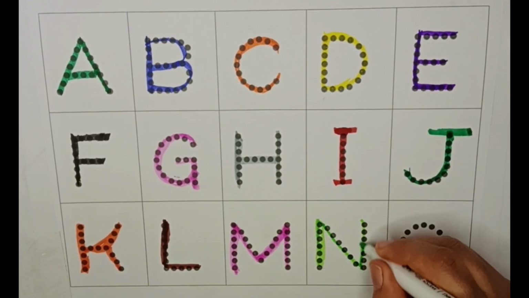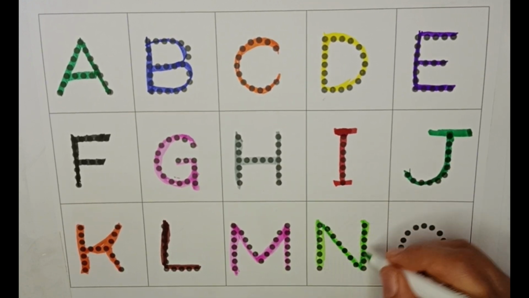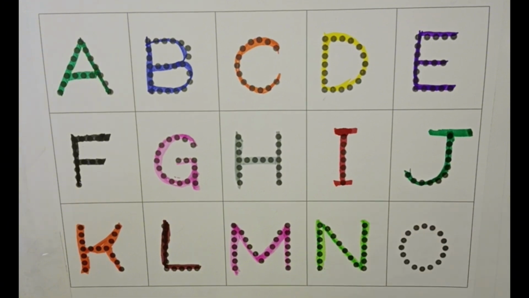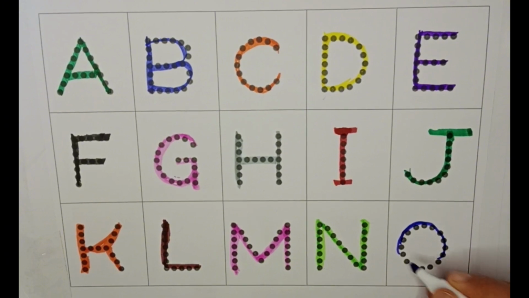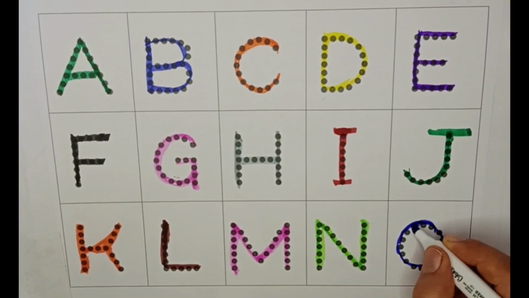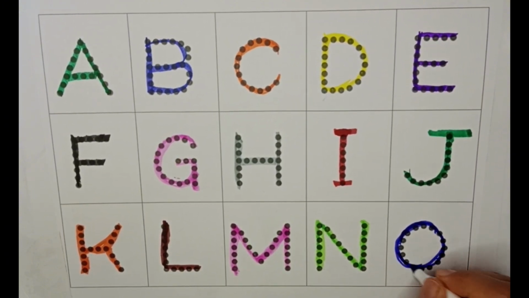And the color is light green. O. O is for octopus and the color is blue.